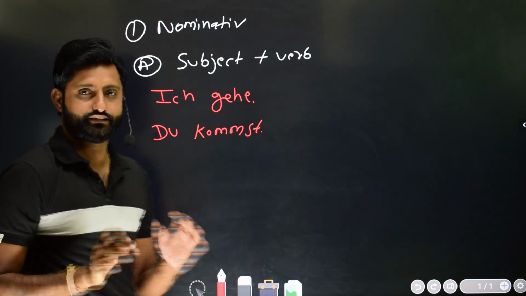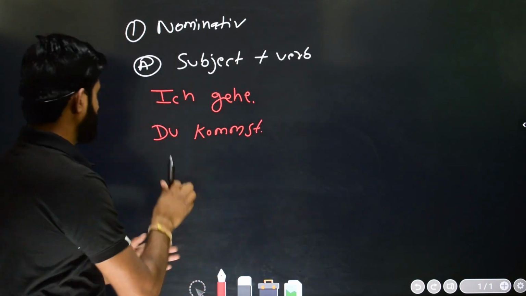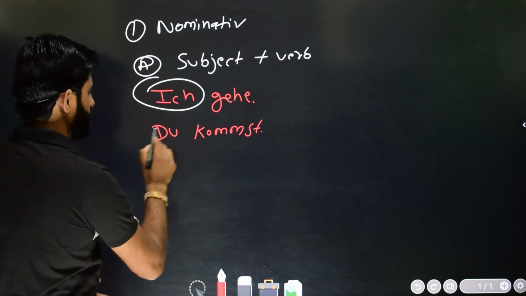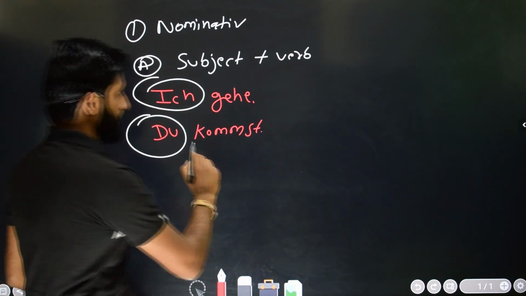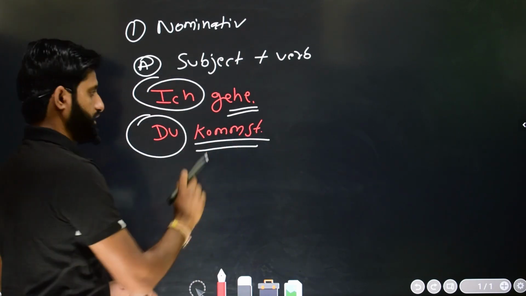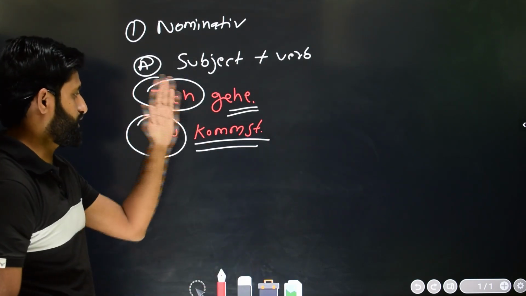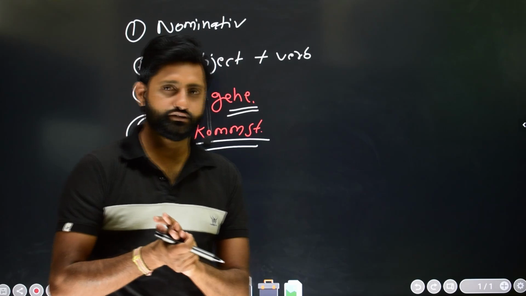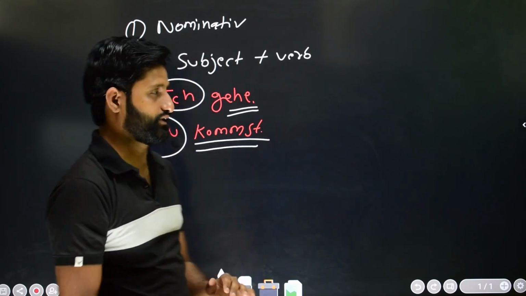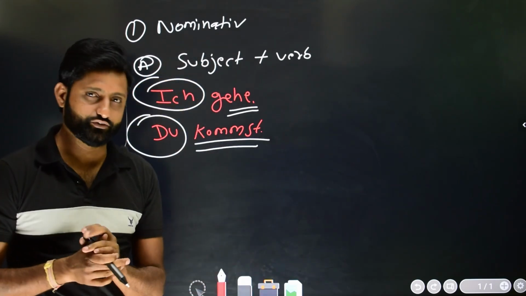So in both the sentences you can see that ich is a subject, and here du is also a subject, and kommst and gehe are verbs. So if you have a single subject and a verb, that means this is a nominative sentence. So this is the first way to identify the nominative sentence.